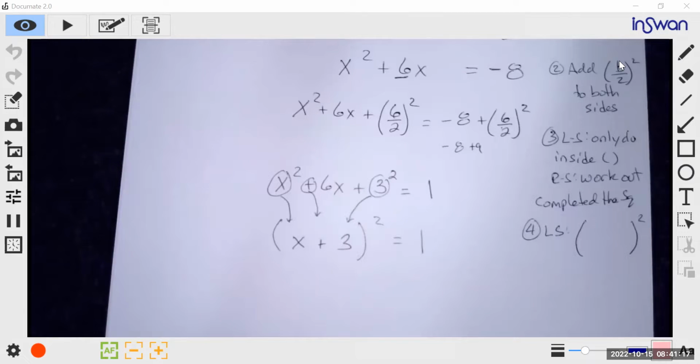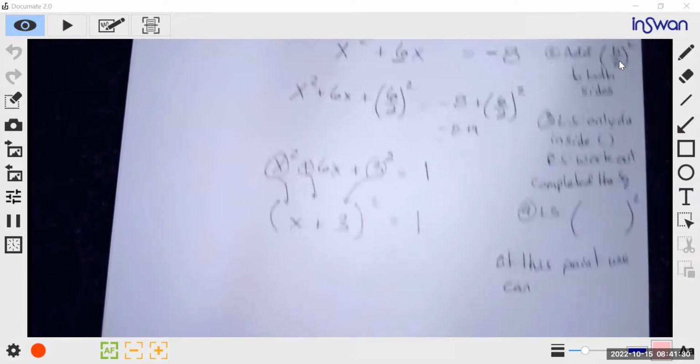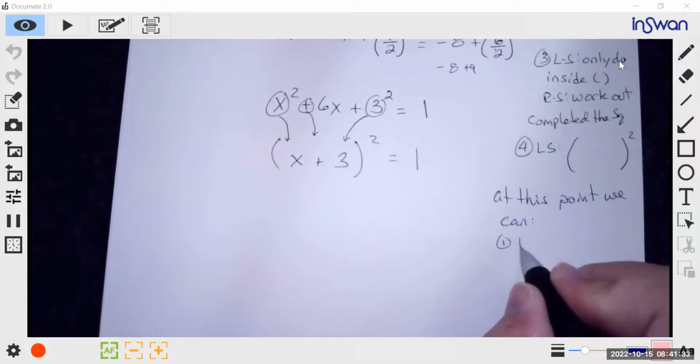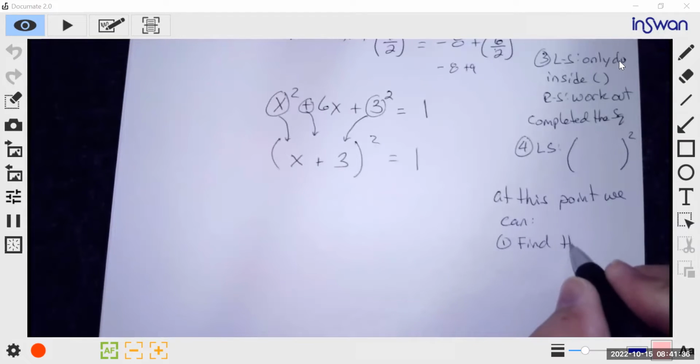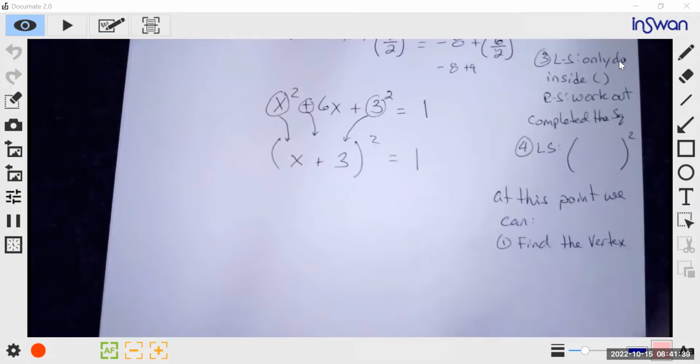At this point, we can do two things. We can, one, find the vertex, or we can find the x-intercepts, the solutions.